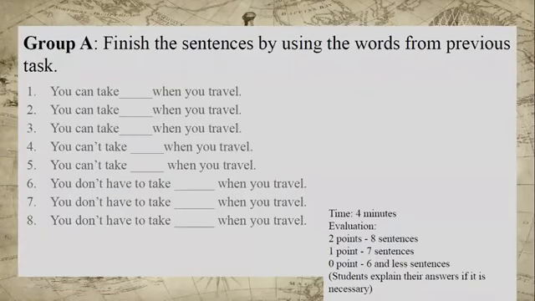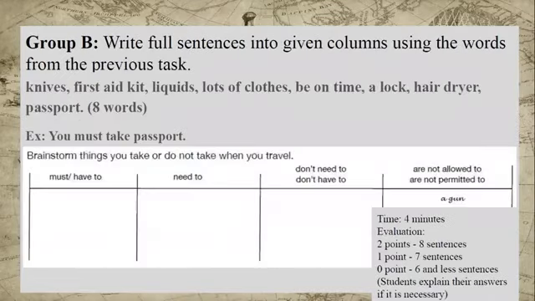Continue working in groups. Group A should finish the sentences by using the words from the previous task. Time 4 minutes. Evaluation is presented to this group. Group B should write full sentences into given columns using the words from the previous task.